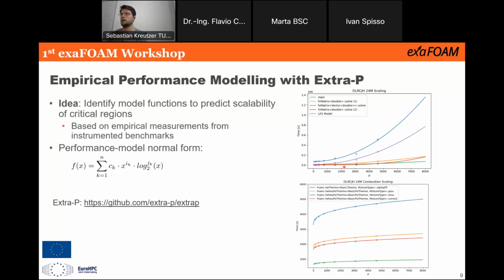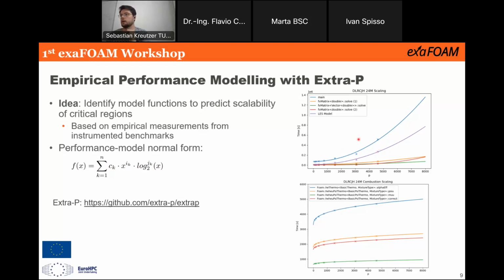Here we measured the main components, where the main function just accumulates all other functions. And then we have 3 different solver invocations, which take up a lot of time. One thing we found here is that the LES model scales really badly. In this case, you don't really need the model function to see that it's not behaving nicely, but it can help in some cases.